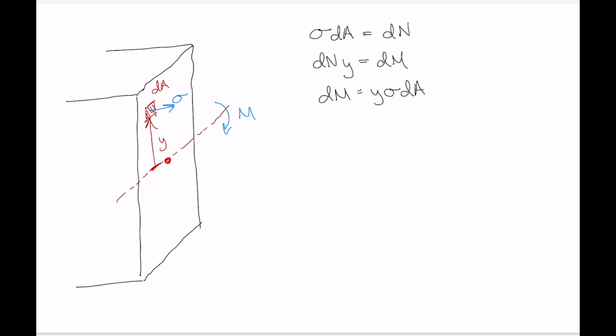Now, it's that small moment dM, the summation of those small moments from all the elements of material, that actually produces the internal moment M. So M is just simply the summation of dM from all those little bits of material, which is the summation of y sigma dA.